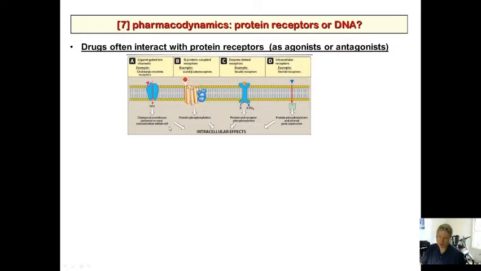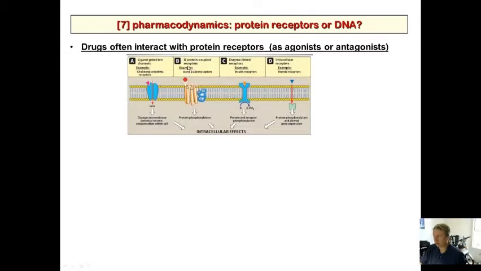It may trigger a synaptic response, like in a neuron. An example is the cholinergic nicotinic receptor, and that's how nicotine works and has its stimulant activity.